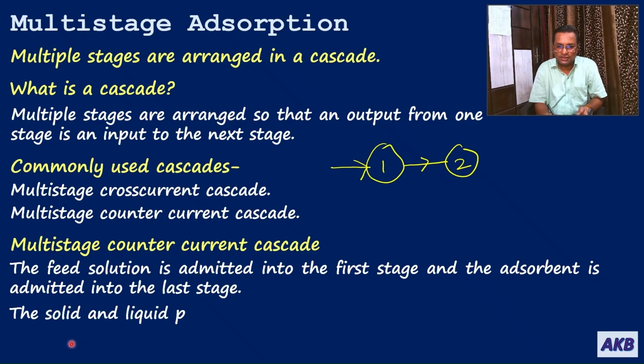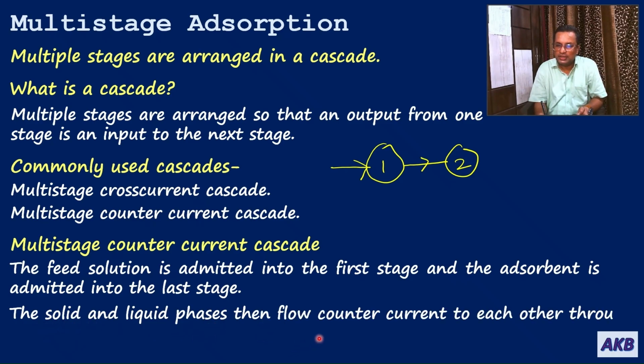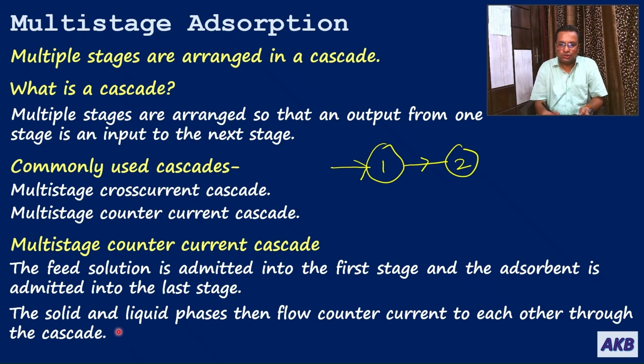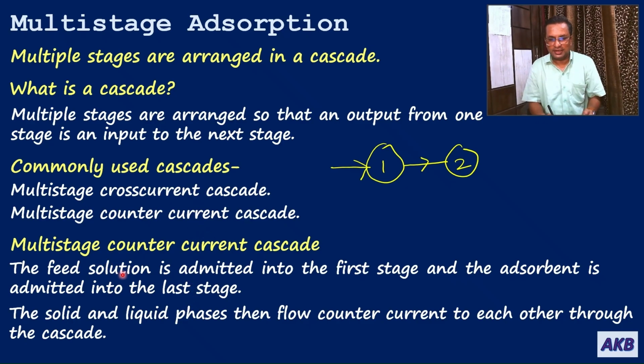After they enter the cascade, the solid and liquid phases will flow counter-current to each other through the cascade. So you have a counter-current flow of solid and liquid phases through multiple stages, and that's why we are calling the cascade a multi-stage counter-current cascade. I'll shortly show you the schematic diagram for a typical multi-stage counter-current cascade.